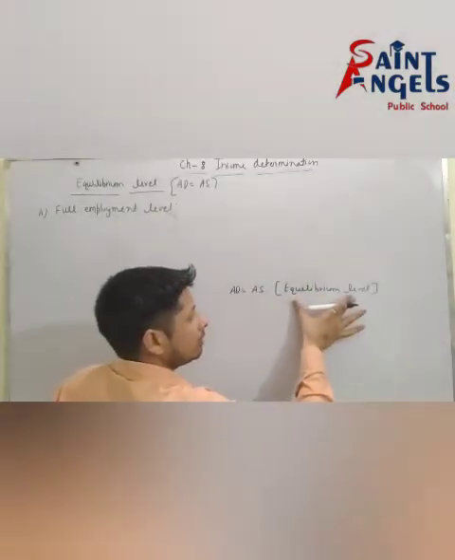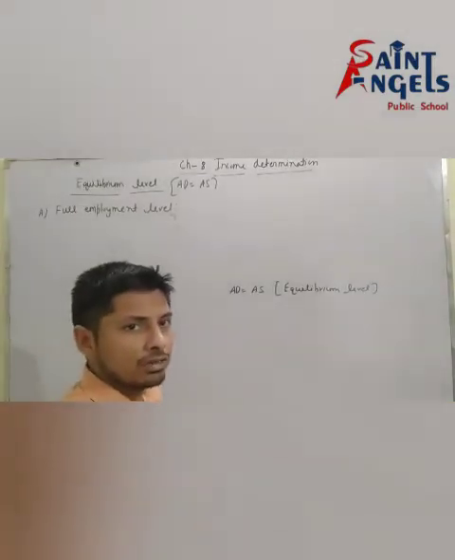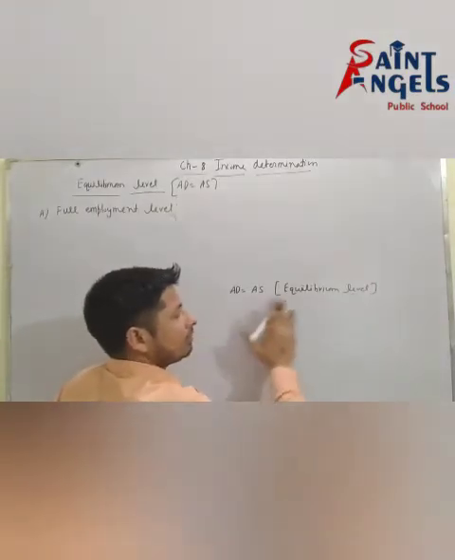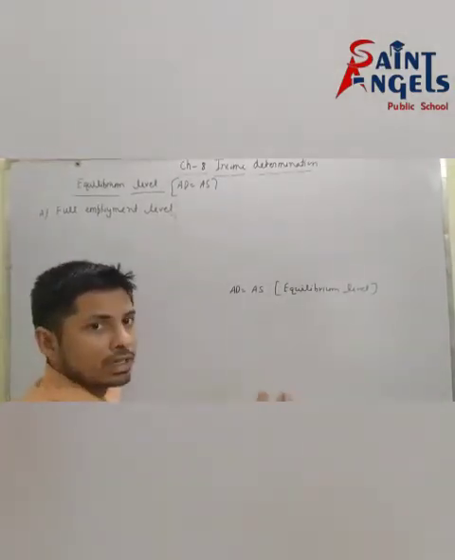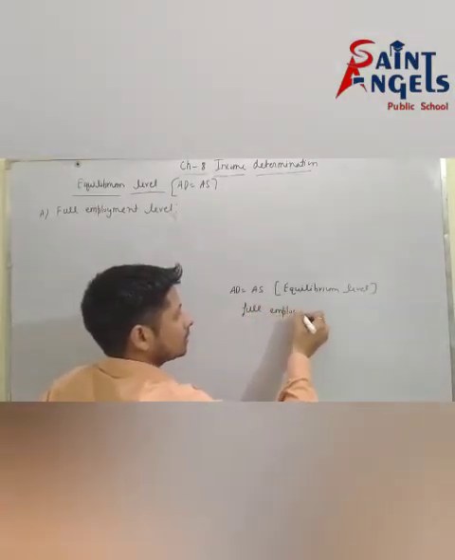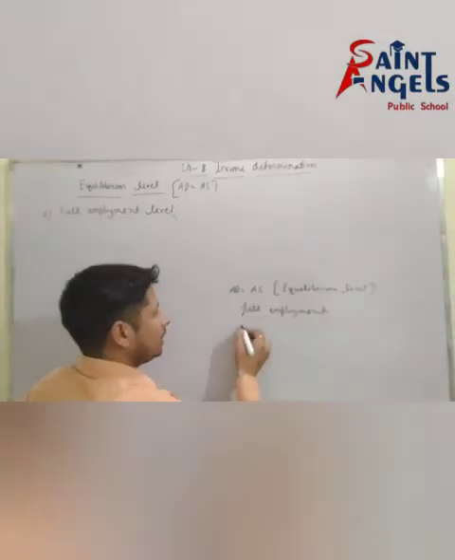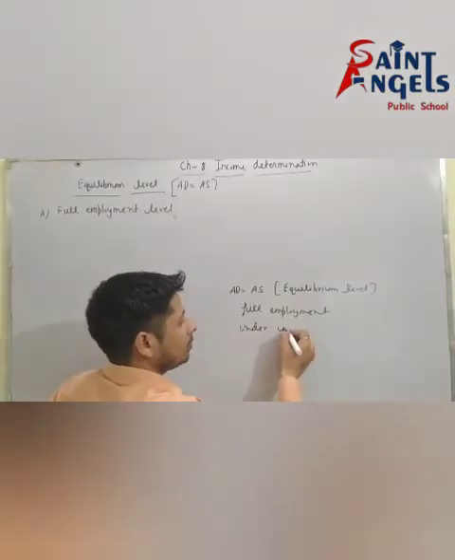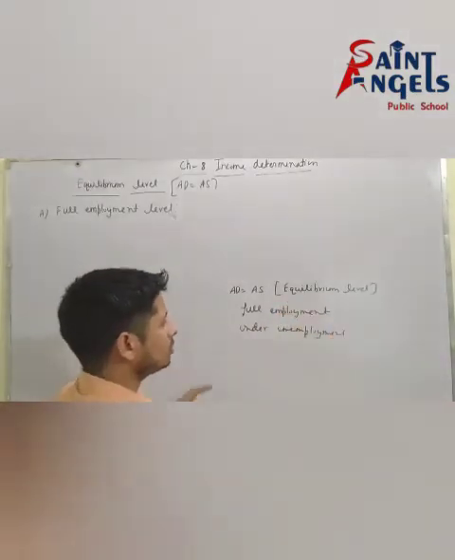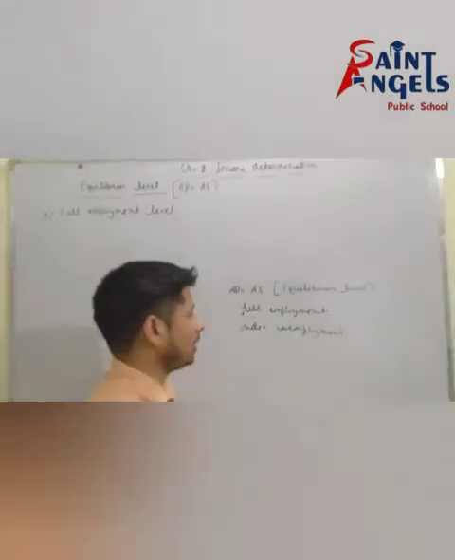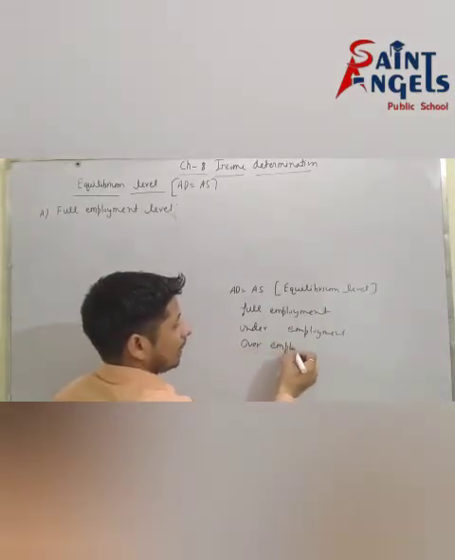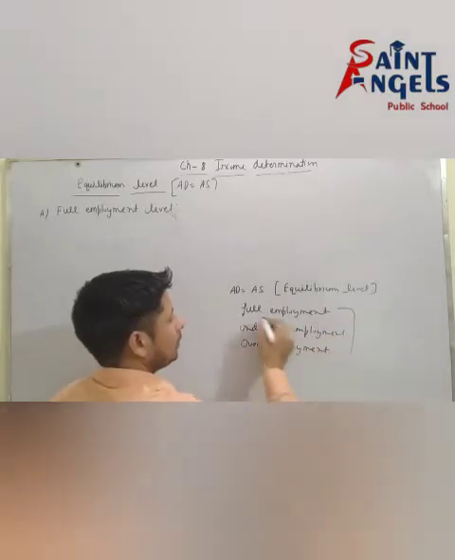But this equilibrium level can be achieved under full employment, under underemployment, and under overemployment. Listen carefully: equilibrium level can be achieved in the situation of full employment, in the situation of underemployment, and in the situation of overemployment.